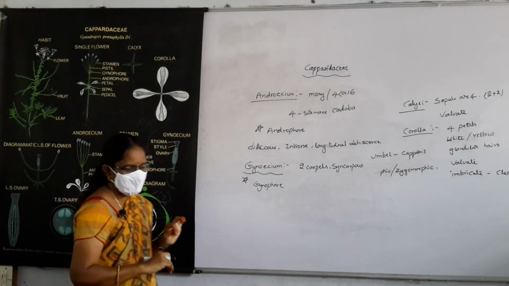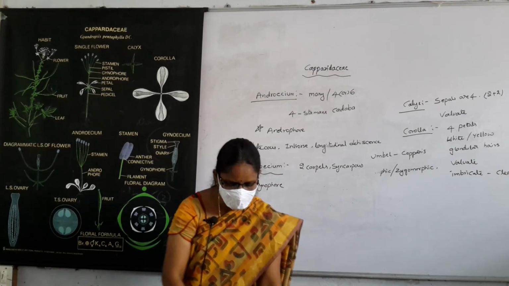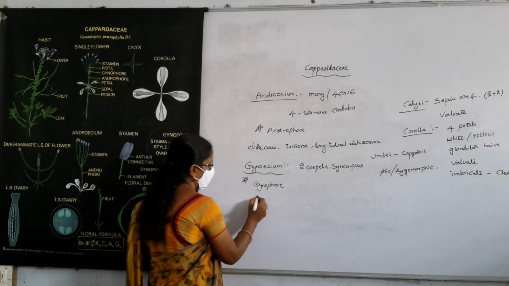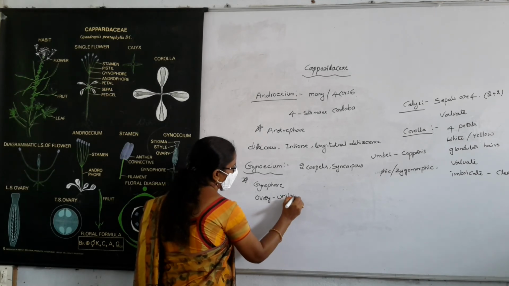The ovary consists of the ovules, and the ovary is normally a unilocular ovary. Only one locule is present.